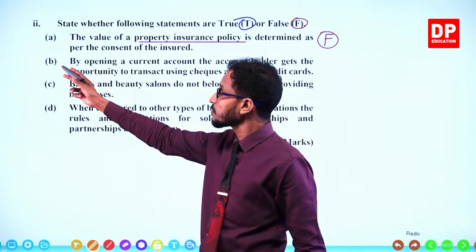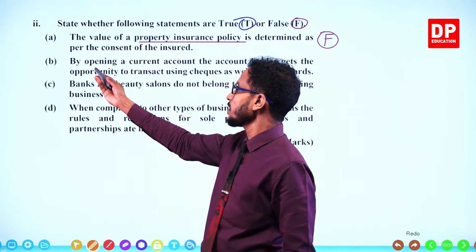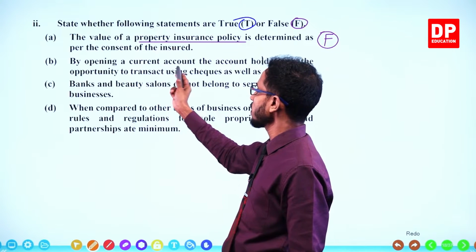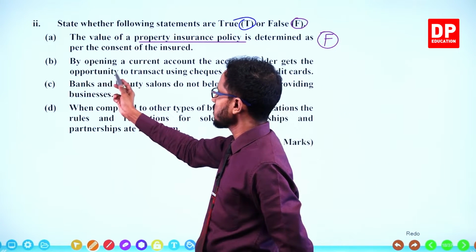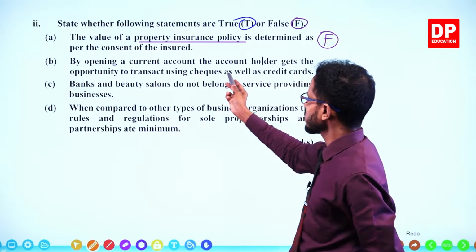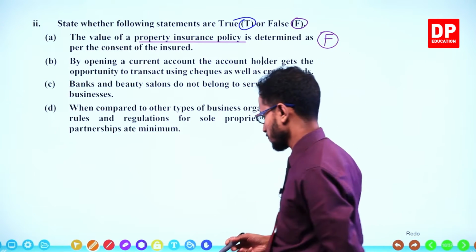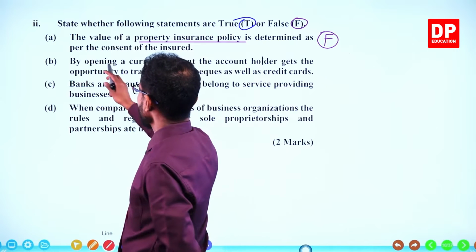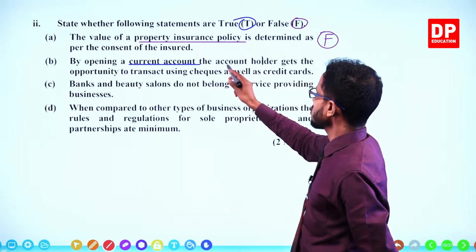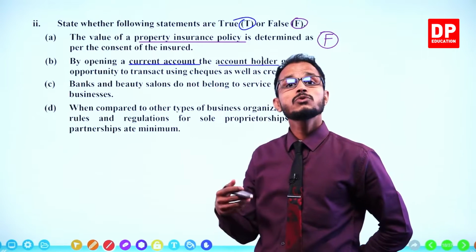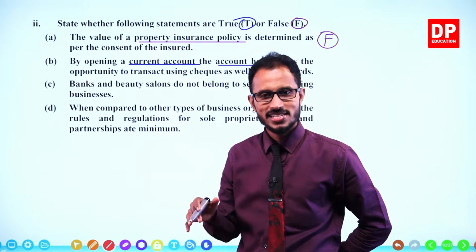And the next one, B: by opening a current account, the account holder gets the opportunity to transact using checks as well as credit cards. Account holder means the account owner, the person who opens the account.